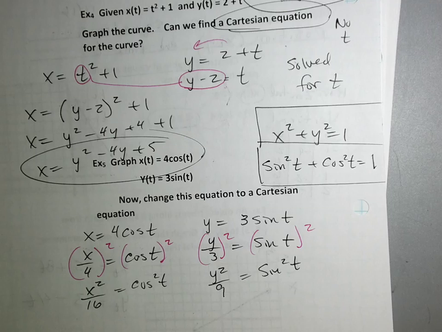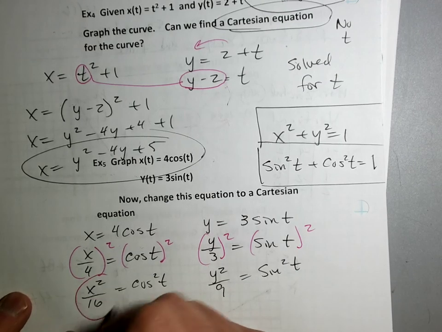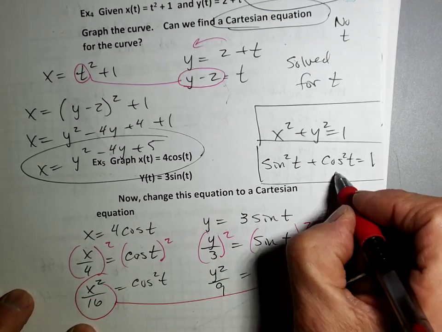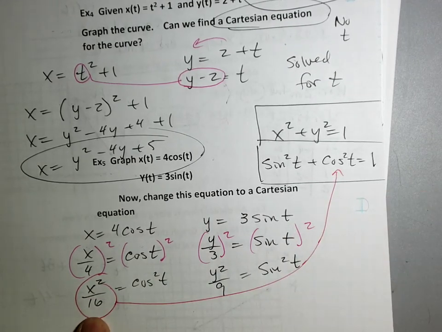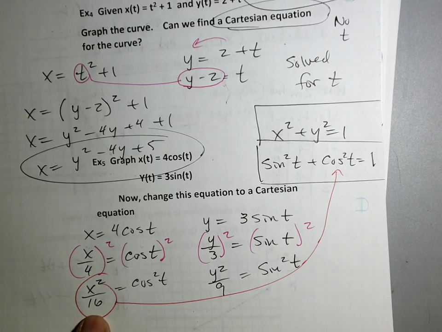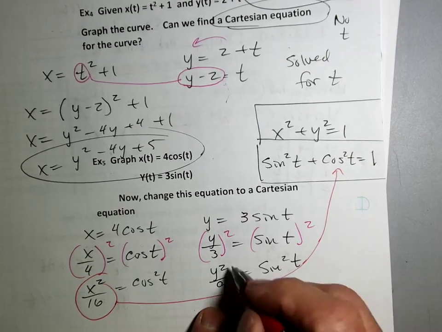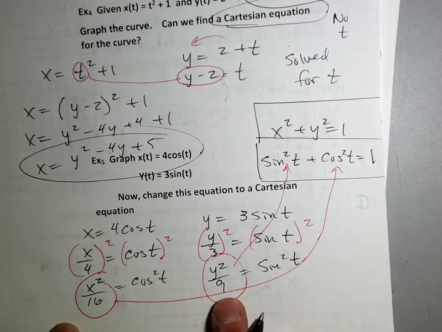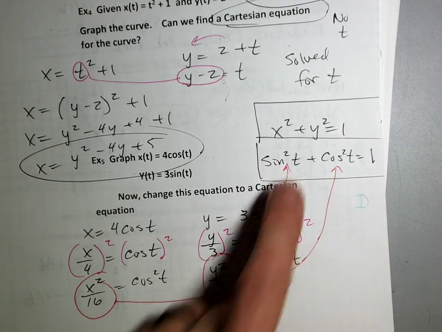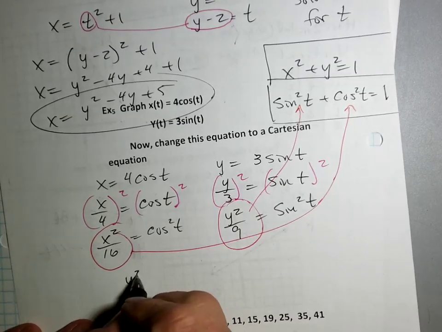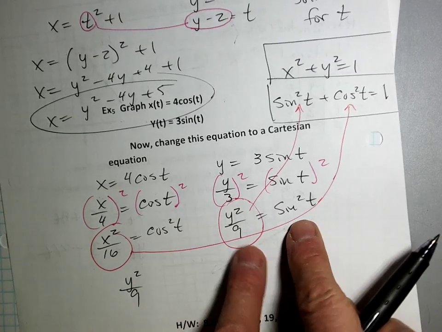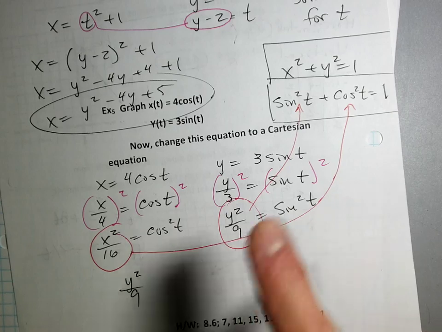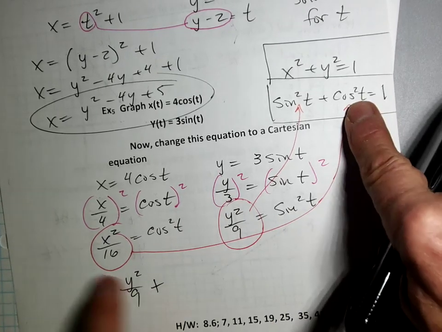Now, here's what I'm going to do. Instead of writing cosine squared, I'm going to write x squared over 16 right there. And instead of writing sine squared of t, I'm going to write y squared over 9. So when I substitute, I'll have y squared over 9, plus, instead of writing a cosine squared, what does cosine squared equal?